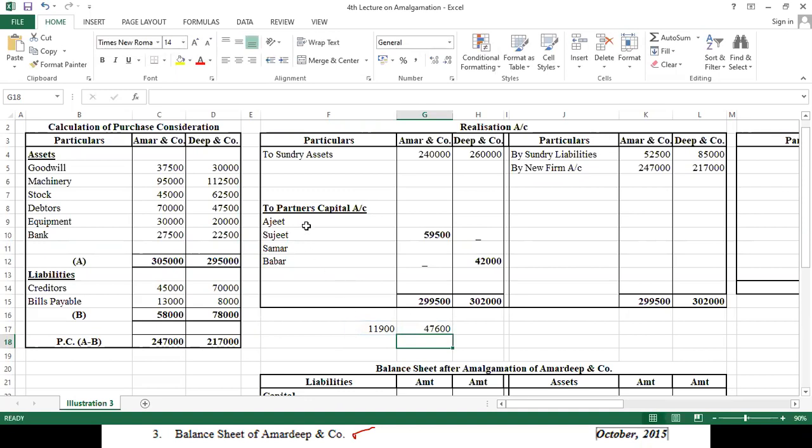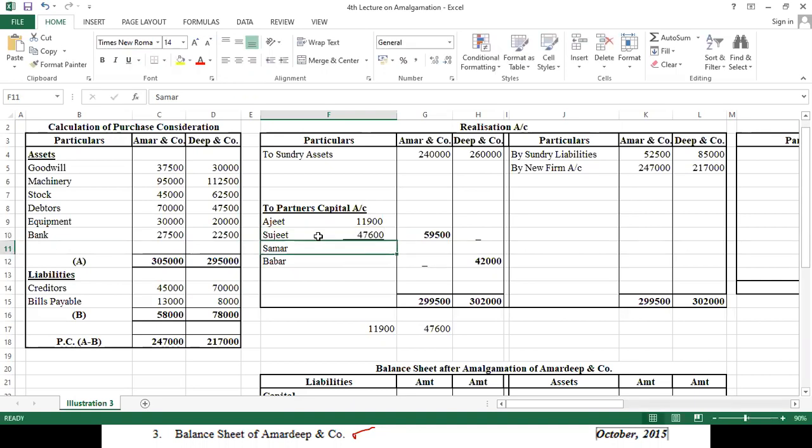So coming here, I will write 11,900 in front of Ajit, whereas in front of Sujit, I will write 47,600.